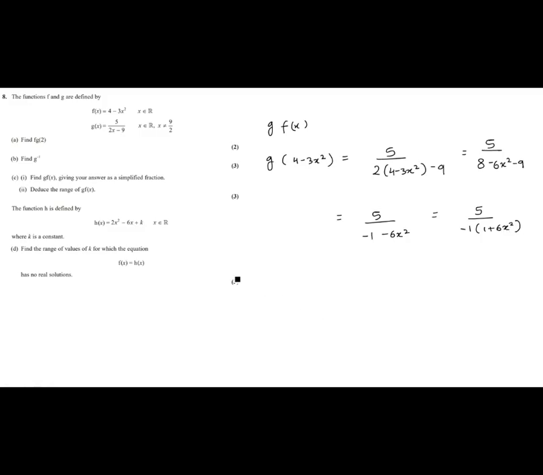So deduce the range of g of f of x. Okay, so we need to work out the range of g of f of x, which we have calculated here.